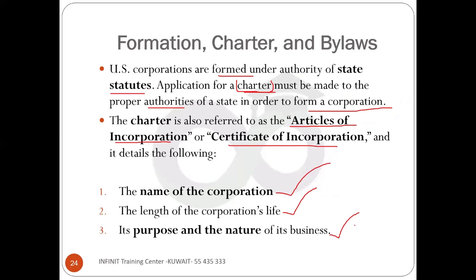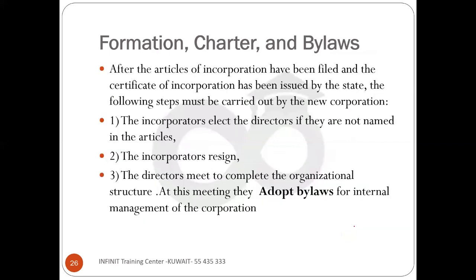Okay, again, it is in the US. We are talking about the US. Now you have the articles of association or articles of incorporation. So after articles of incorporation have been filed and the certificate of incorporation has been issued by the state, the following steps must be carried out.